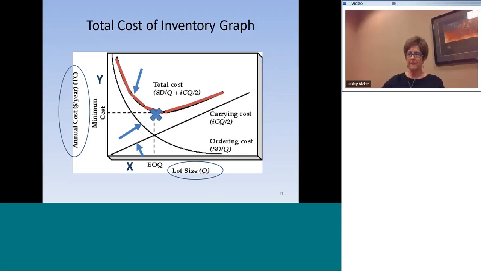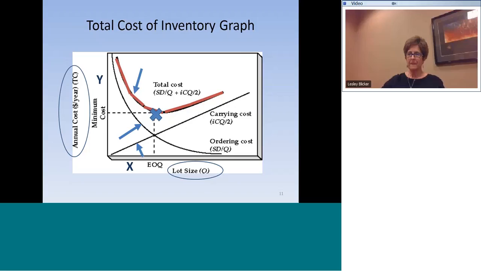Let me state it a little bit differently. We first figured out the optimal Q, or order size, in order to optimize, or balance, I should say, the ordering costs with the holding costs, right? We don't want to have too much inventory, which would give rise to high carrying costs, nor do we want too many orders during the year, which would give rise to excessive ordering costs.